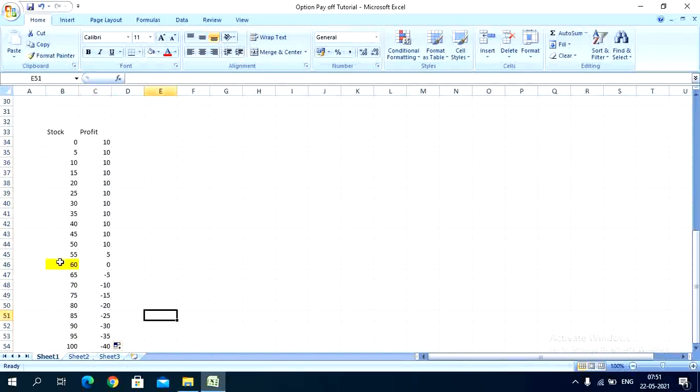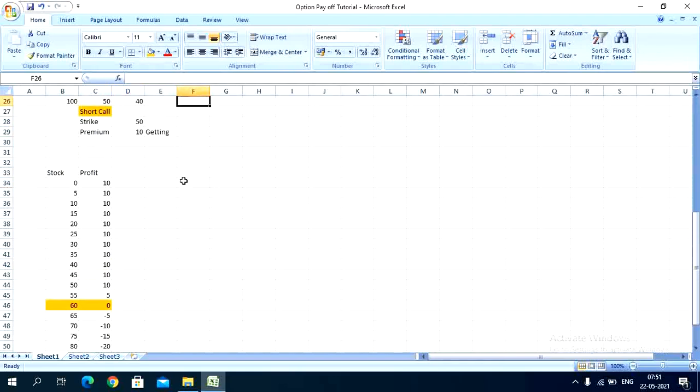Now let's come to this point, 60. Already we have taken the same example. Now here, in 60, if the price is increasing, as I have said, when you are taking a short position in the call, you are with a kind of bearish trend. That means you are expecting the price will not be increasing. If the price increases, you will be getting a loss.